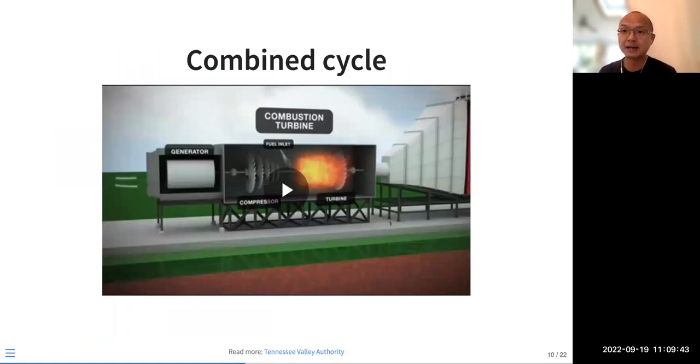Combined cycle combines the Brayton and Rankine cycles, or the gas turbine and the steam turbine, and that helps improve the efficiency. You can play the video, which explains this concept very well, at your own pace. The basic idea is to use the gas turbine first, then use its exhaust heat to drive the steam turbine.